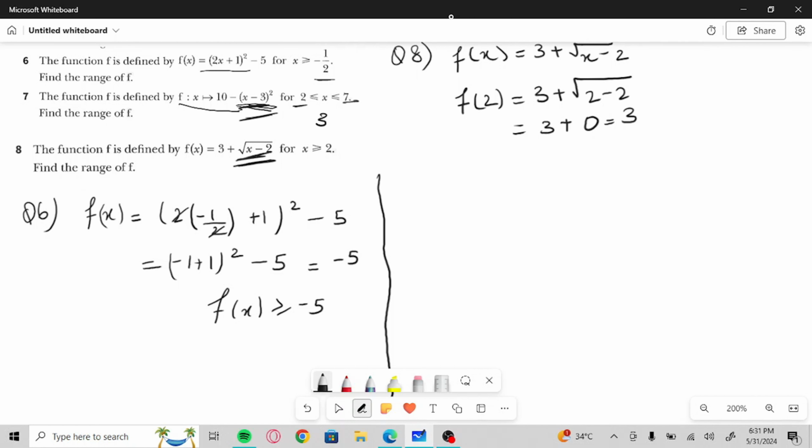So the minimum value we can get is 3, because for any other value I'll just give you an example.